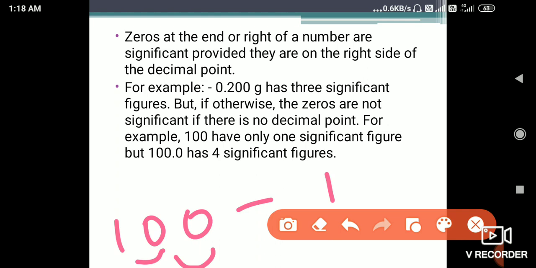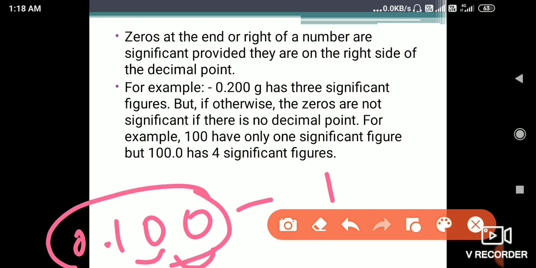But if I put a decimal before the 1, so now it is 0.100, and now if you have to calculate, what will be the significant figures? In this condition the significant figures are 3. So that is the difference when the decimal point has been mentioned.